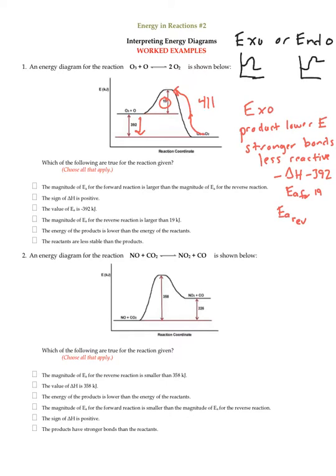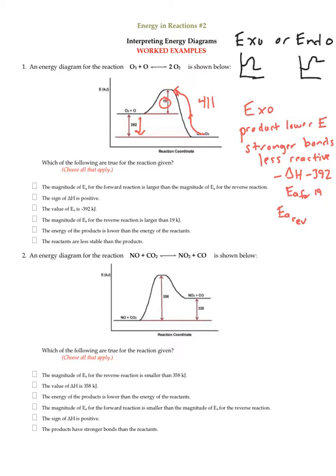All right, so I can do all of that before I look at my choices, and I would encourage you to do this, right? It's always easier to know what you know before you start looking at the choices. They can kind of throw you off. So let's look at our possibilities one by one. The first one says the magnitude of the activation energy for the forward reaction is larger than the magnitude for the reverse direction.